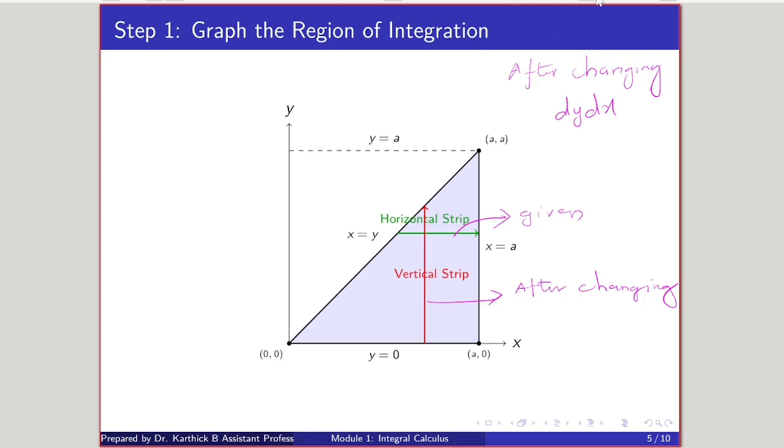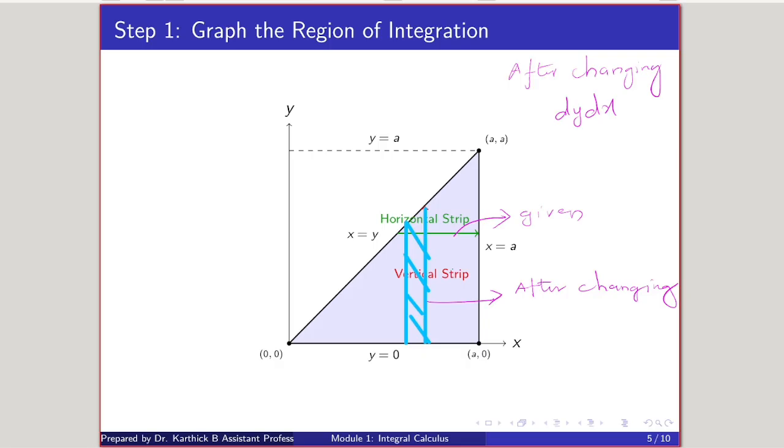Let me take some other line. So this will be the final strip.